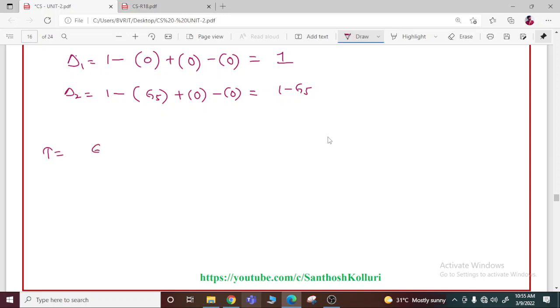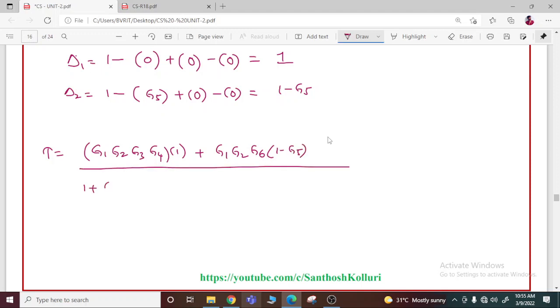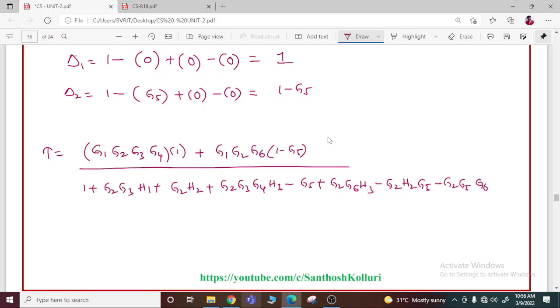So P1 delta 1 is G1 G2 G3 G4 into 1, plus P2 is G1 G2 G6 times 1 minus G5, which is delta 2, divided by the value of delta 1 plus G2 G3 H1 plus G2 H2 plus G2 G3 G4 H3 minus G5 plus G2 G6 H3 minus G2 H2 G5 minus G2 G5 G6 H3. So this is the transfer function of the given problem.